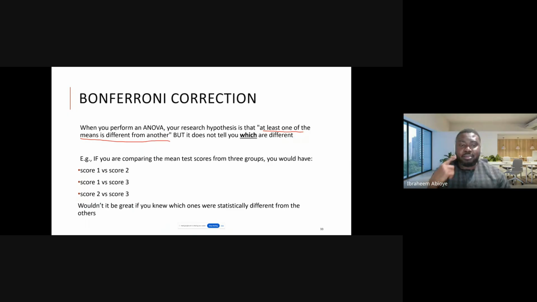And sometimes some people will want you to tell us, okay, you're telling us that at least one is different, but which one? And so in that case, you might need to test group one versus group two, group one versus group three, group two versus group three, and use this to provide more information on which groups are really different from each other.